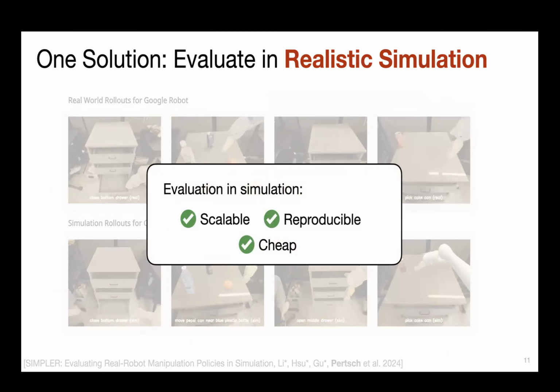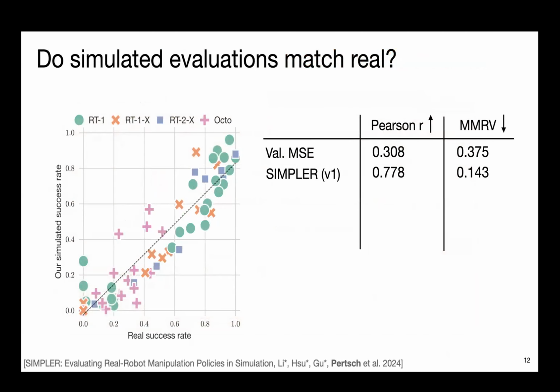Now, in practice, we tested this across a bunch of different policies that at the time existed in the community, some of my own prior work and others. We tested it across a bunch of different tasks, so the Google task that I had shown before. And importantly, what we typically find in robotics, and this is a fairly general rule, is that standard machine learning metrics, like validation MSE, which people typically use to test whether a policy or a model works or not, don't actually correlate well with ground truth robot performance.